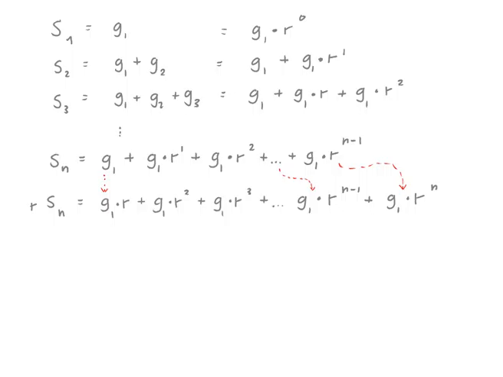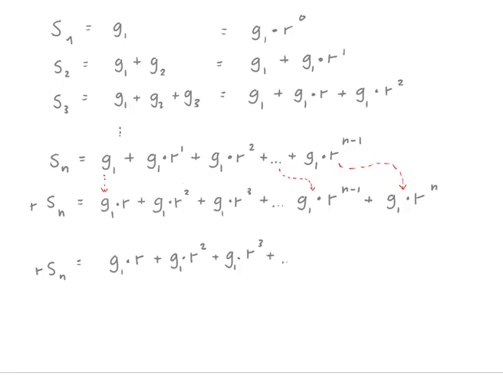Again, I can rearrange these. So I'm going to stack R Sn on top. And I'm going to call this G1 times R plus G1 times R squared plus G1 times R cubed. Let's come back and make these multipliers. Plus dot dot dot plus G1 times R to the n minus 1 power plus G1 times R to the nth power.